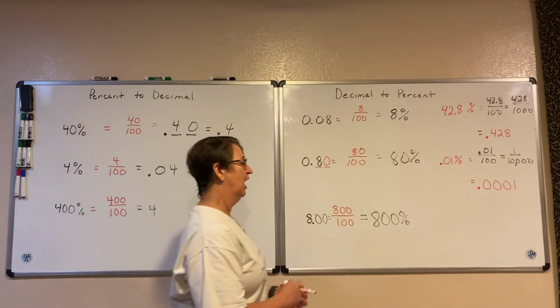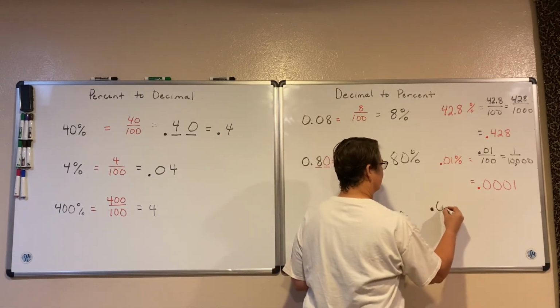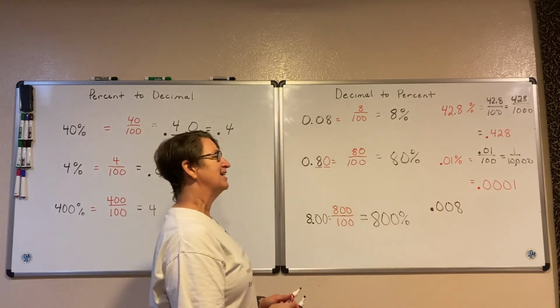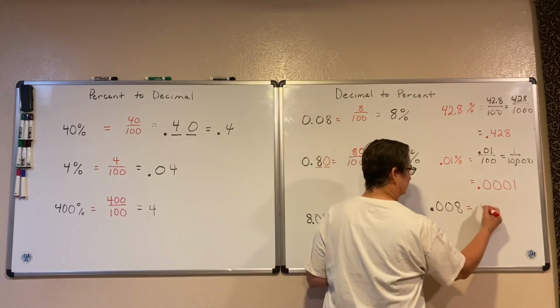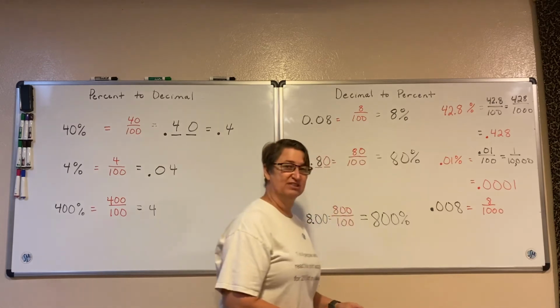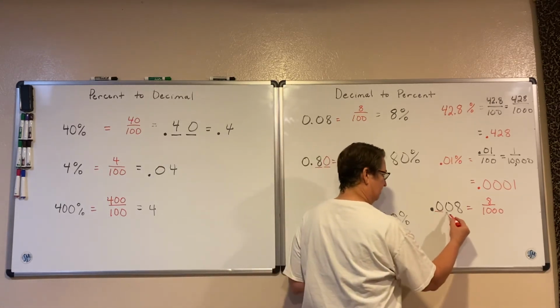Okay, then what about if we go the other direction? So now let's look at a decimal, 0.008, or 8/1000ths. So tenths, hundredths, thousandths, 8/1000ths, and I want to write that as a percent. Well, my percent is out of 100, so you know tenths, hundredths.